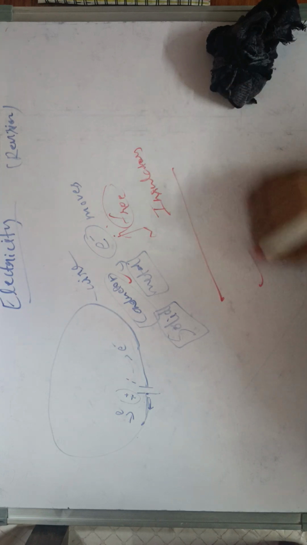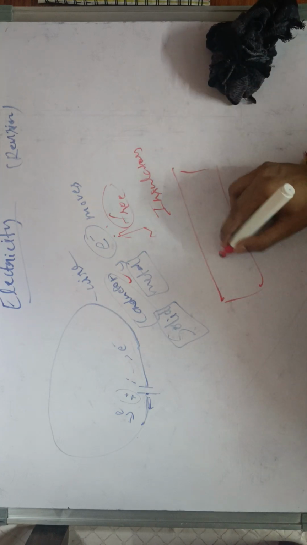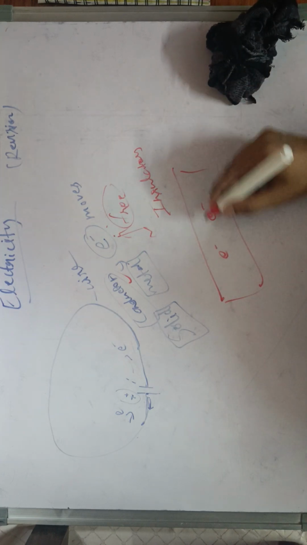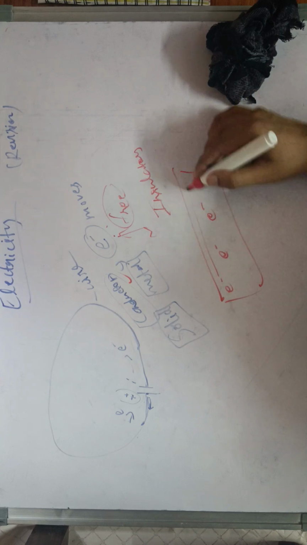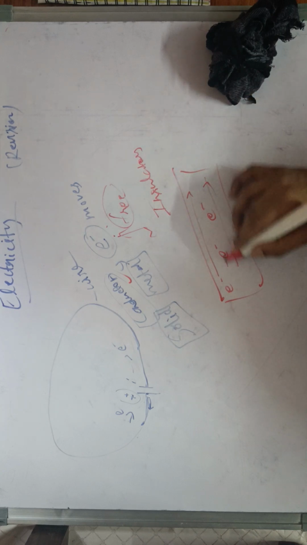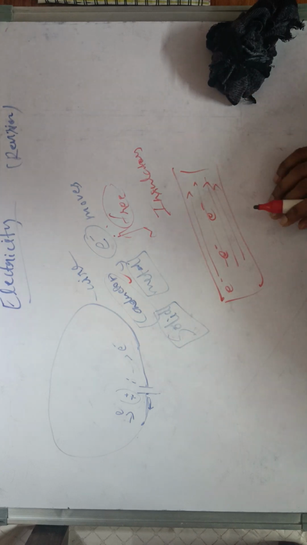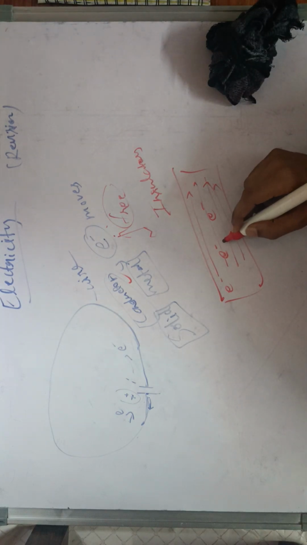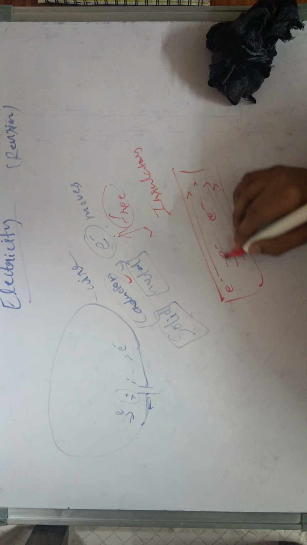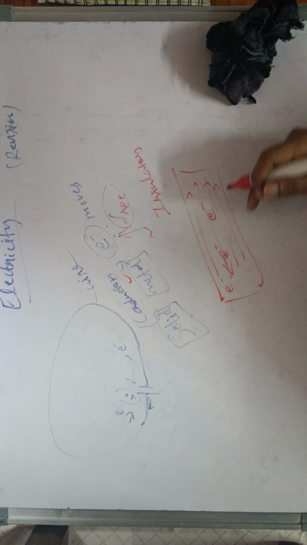So when there is a conductor with free electrons inside it and I apply some electric field, these electrons will move in the opposite direction of the electric field.